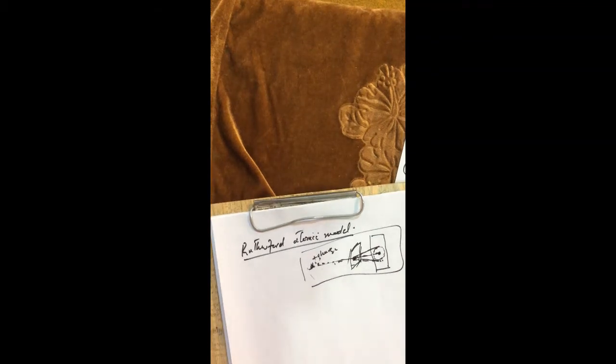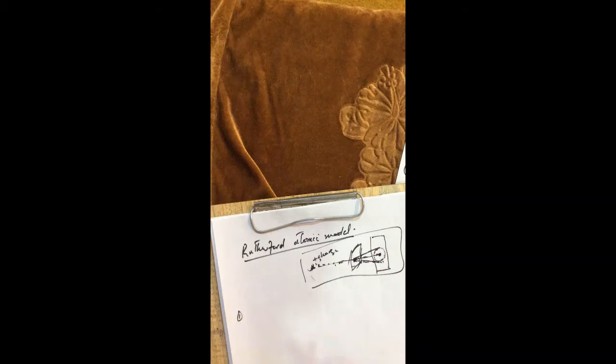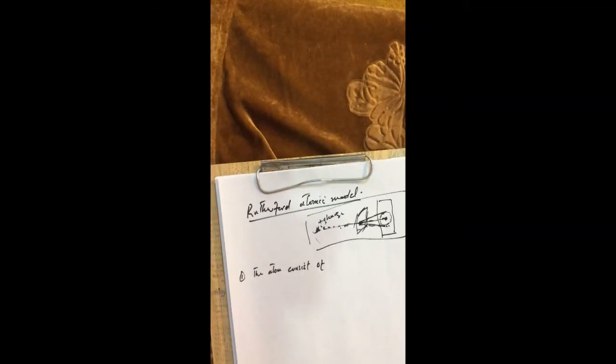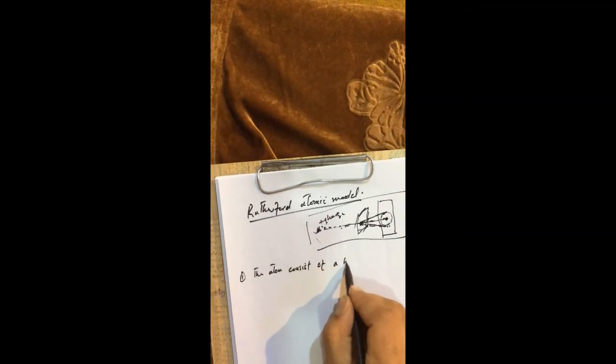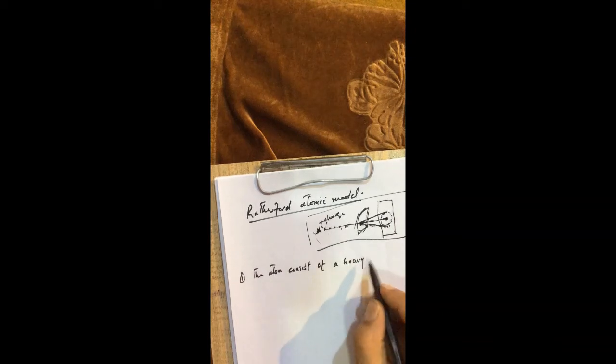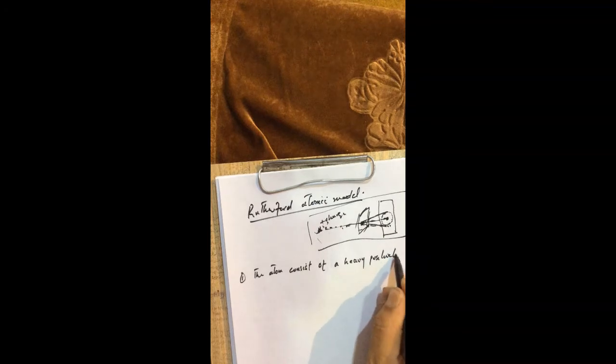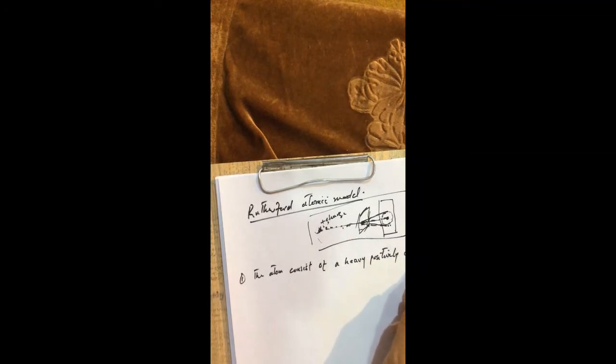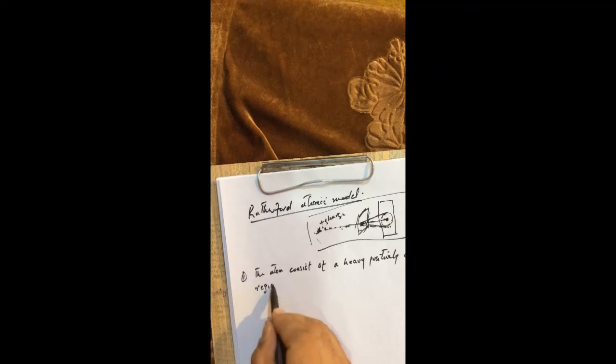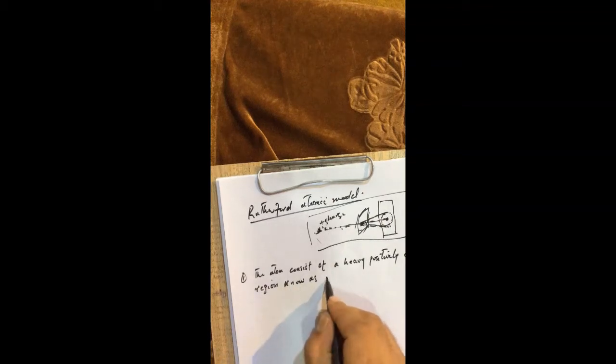Now the main features of this atomic model are, the first one is that the atom consists of a heavy positively charged region, and he called it nucleus.